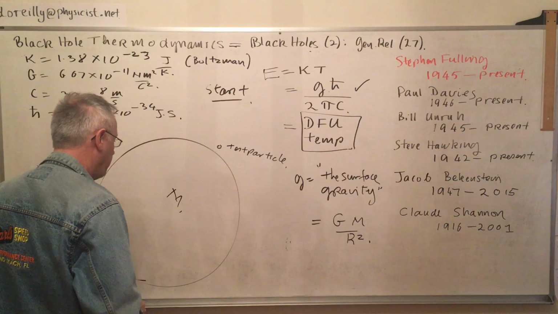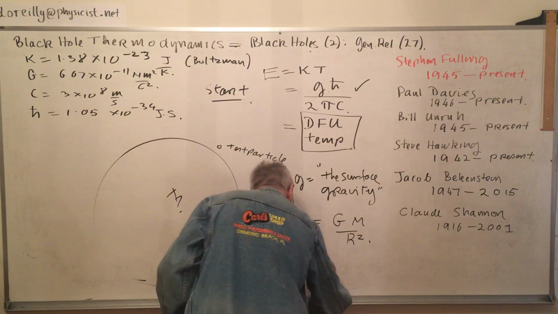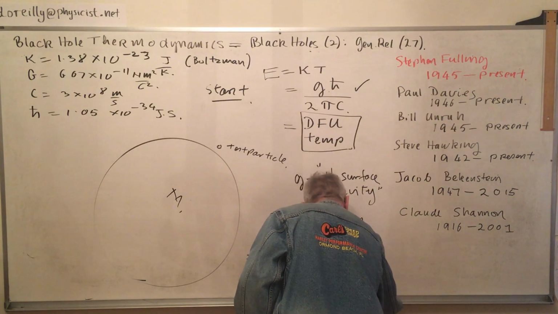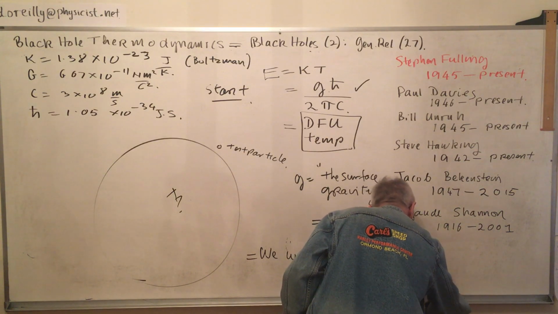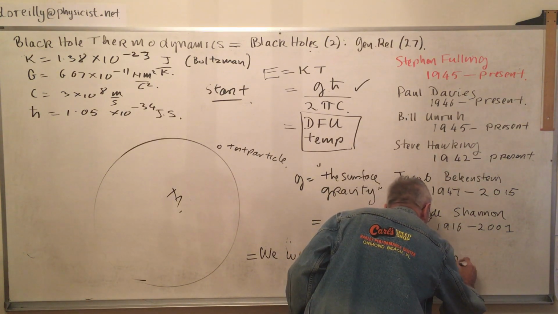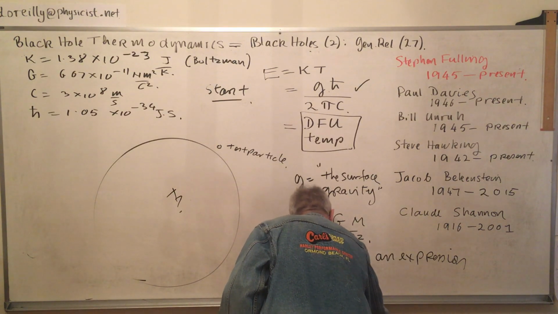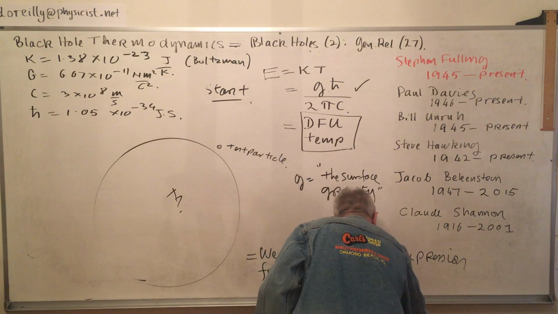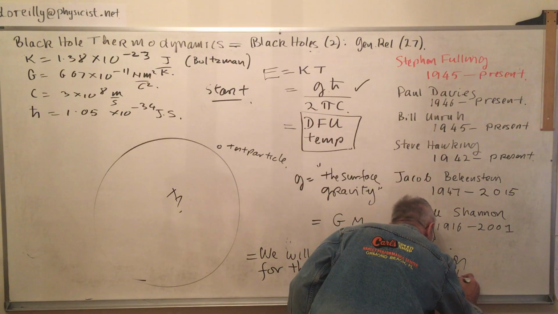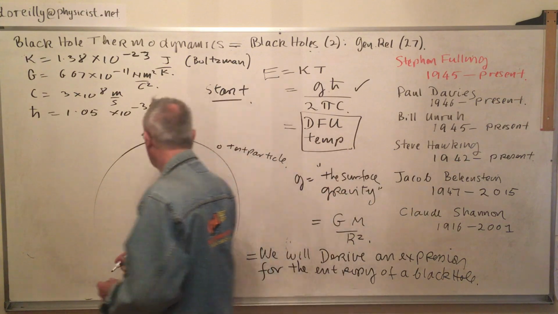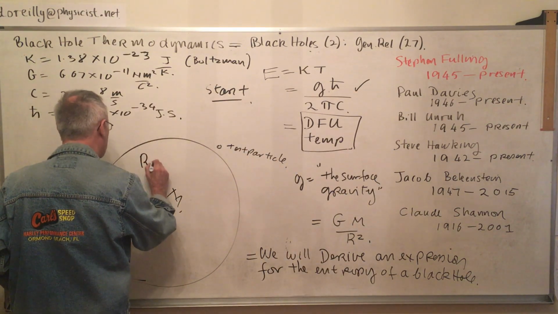And what are we going to do? We will derive an expression for the entropy of a black hole, and for a black hole we have the Schwarzschild radius.